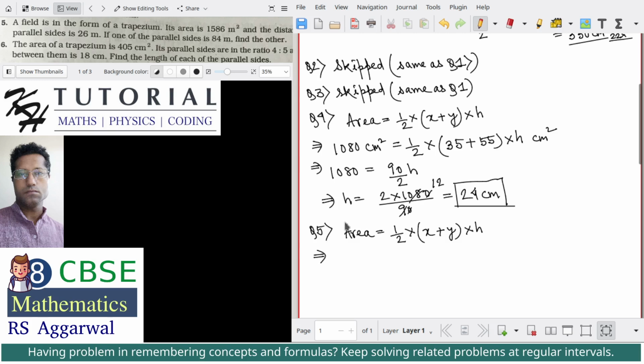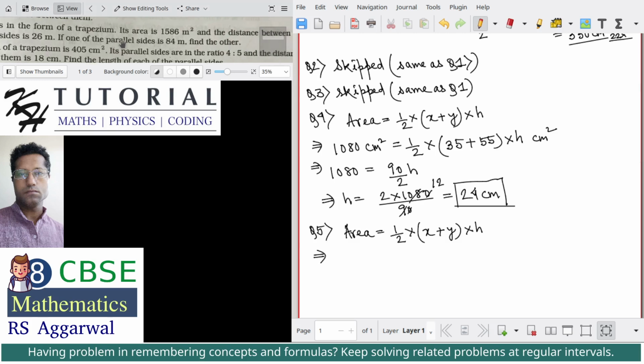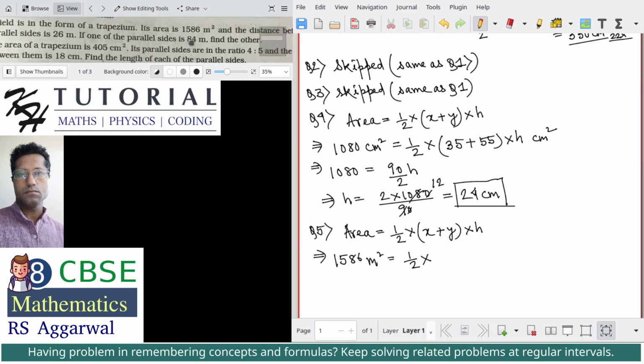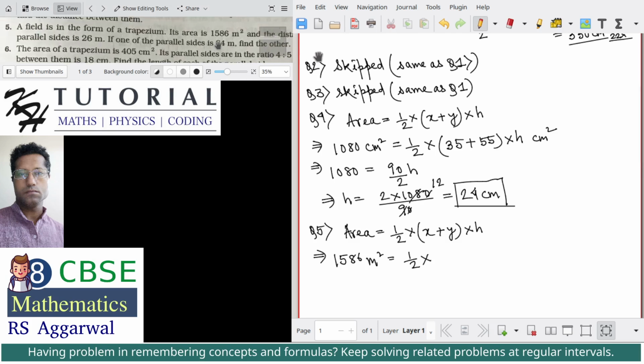The area, question number 5, the area is given as 1586 meter square is equal to half multiplied by, and the distance between its parallel side is 26 meter. So the height is given as 26 meter.